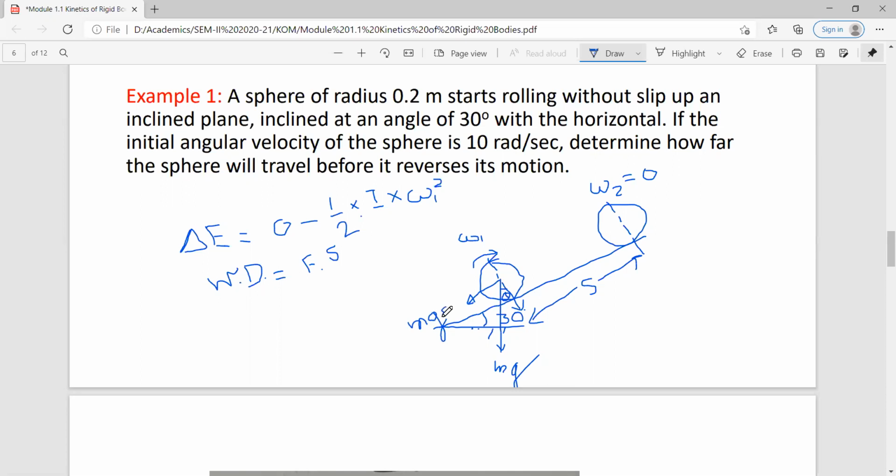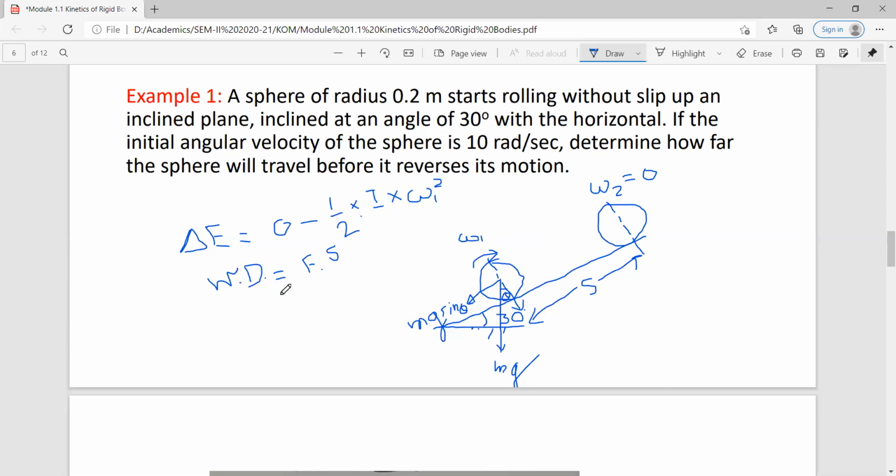Say mg sin of 30, mg sin theta. And mg cos theta, this force is acting in this direction, but there is no displacement in this particular direction which is perpendicular to the plane. The displacement is along the plane, so I will consider the force which is acting along the plane.